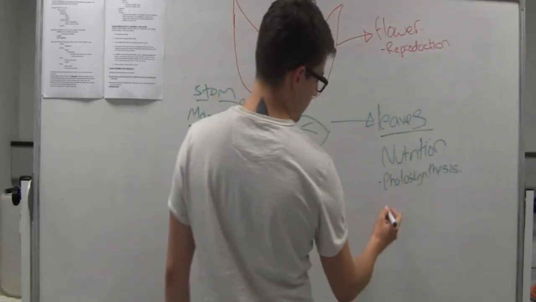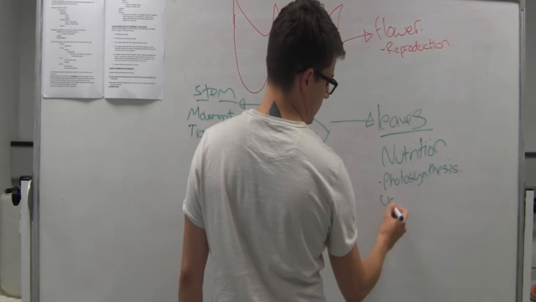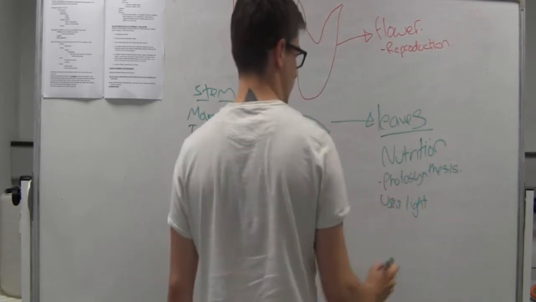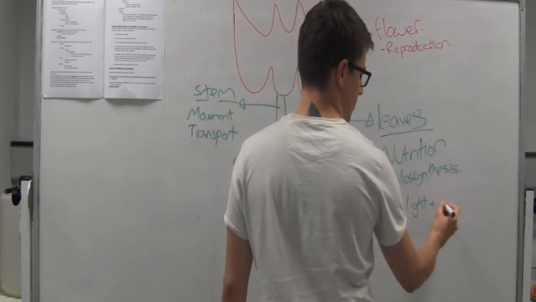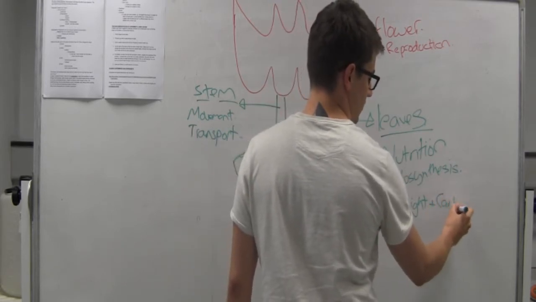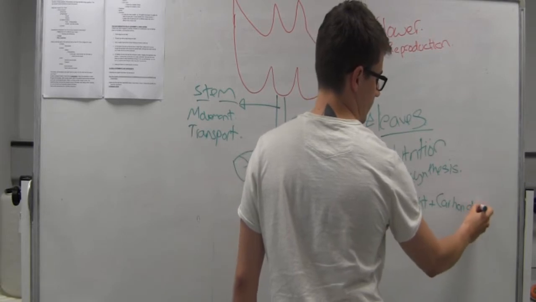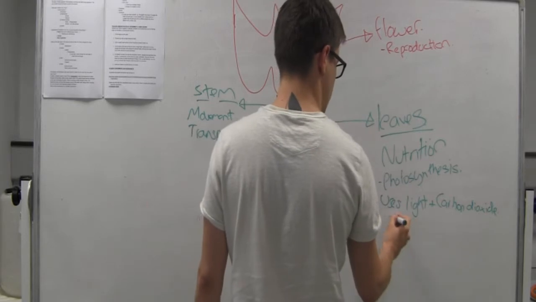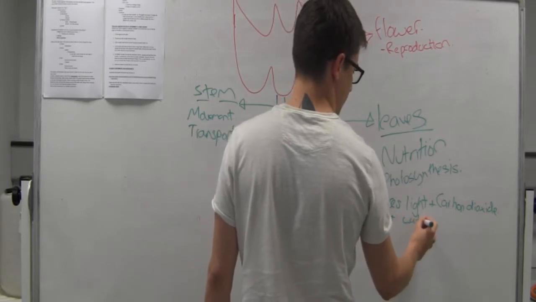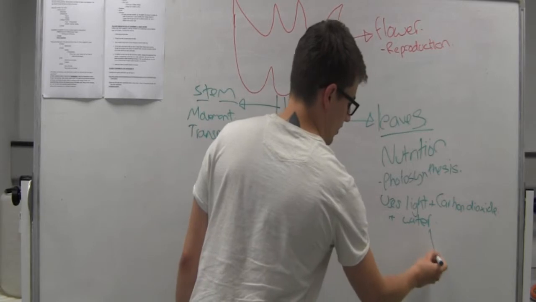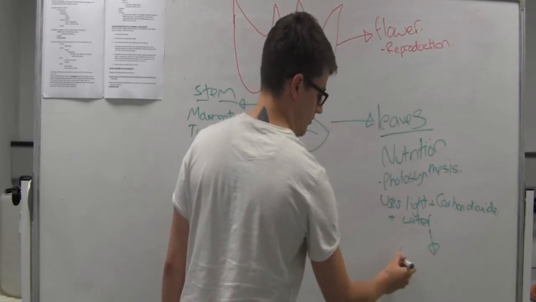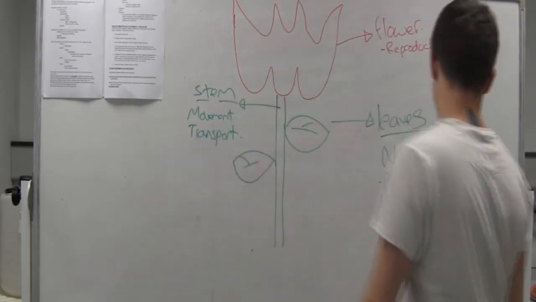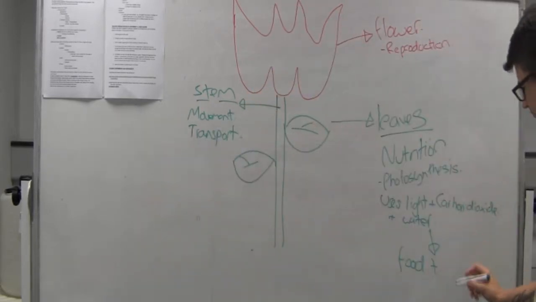Photosynthesis is where the plant uses light plus carbon dioxide plus water, and produces food, or carbohydrates, and oxygen.